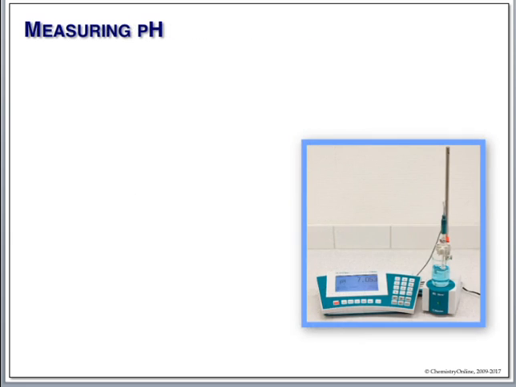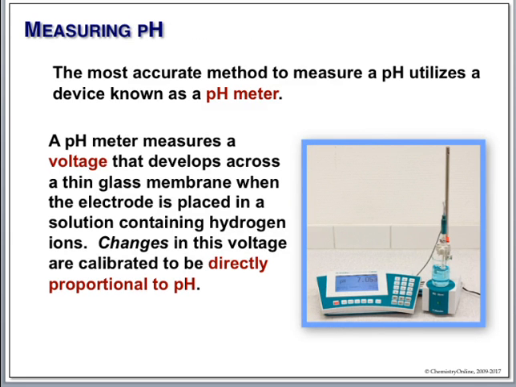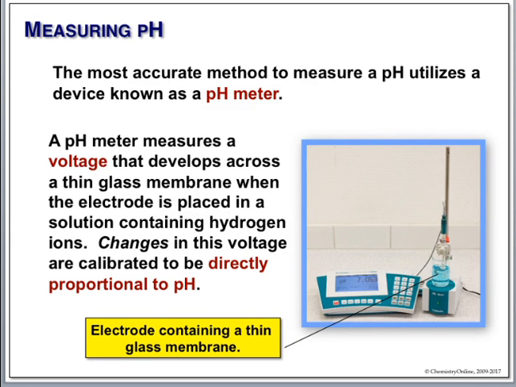Now, how do we measure this? In a perfect world where we had all the lab equipment in the world you could break, we would use a pH meter. A pH meter has this little tiny probe. The probe itself isn't tiny, but it has a microscopically thin glass membrane. When you put it in solution, it sets up a potential across this membrane.